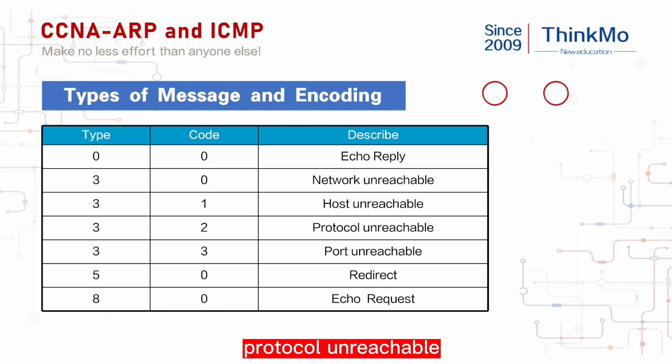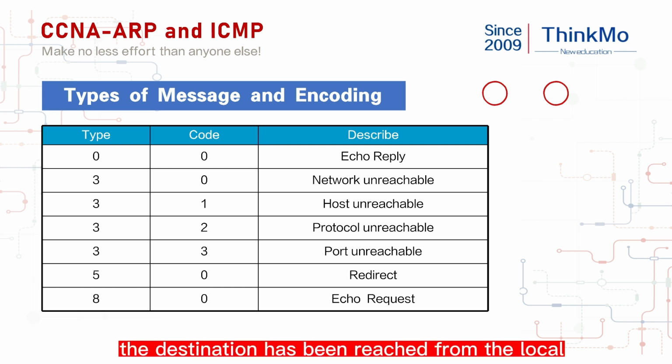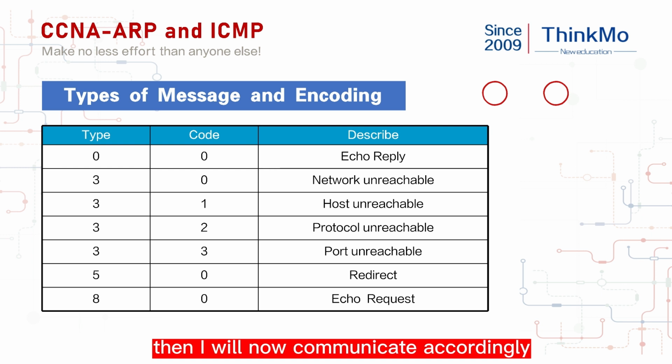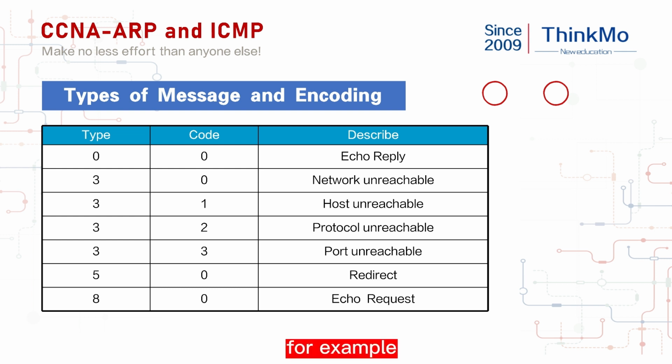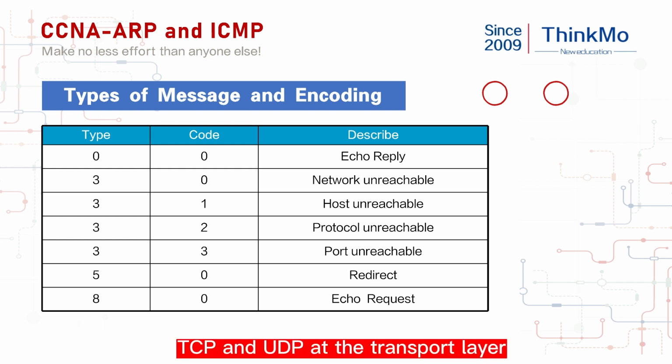Protocol unreachable and port unreachable, because I haven't explained these two. Protocol unreachable means that when I send data and it reaches the destination from the local side, I then communicate based on the network layer. Above it there are different protocols, for example TCP and UDP at the transport layer.